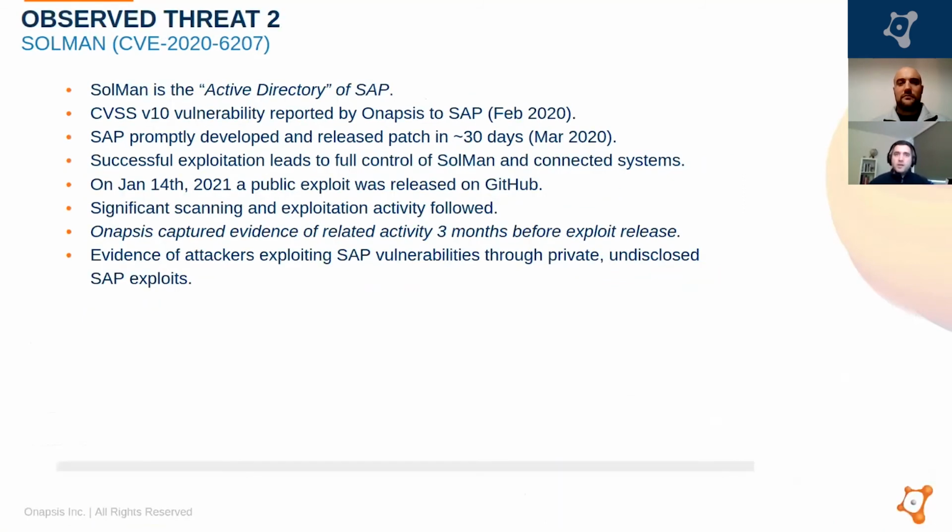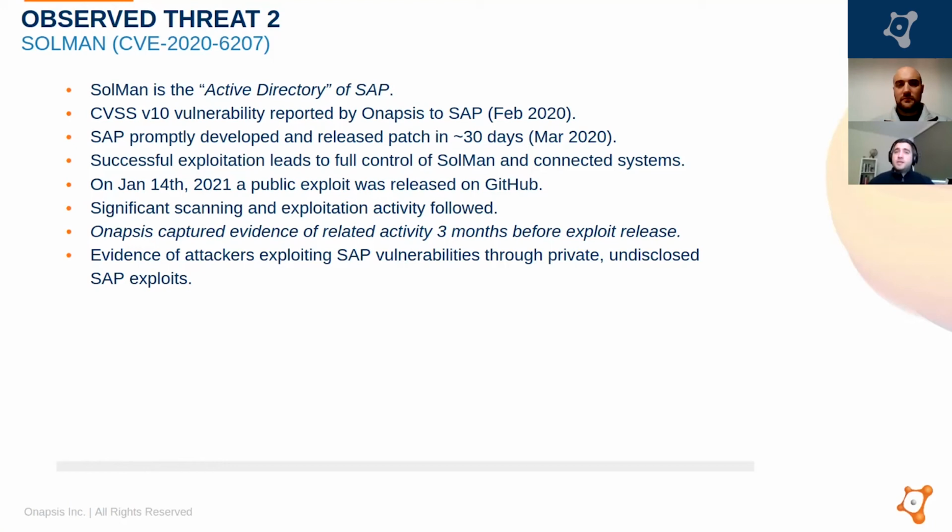The second one, which I think is even more interesting, is another vulnerability, one of the vulnerabilities that Ignacio briefly talked about and showed you in a video. This vulnerability, CVE-2020-6207, the SolMan vulnerability, was reported by Onapsis to SAP and patched by SAP very quickly in early 2020.